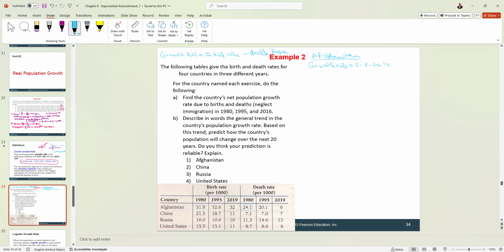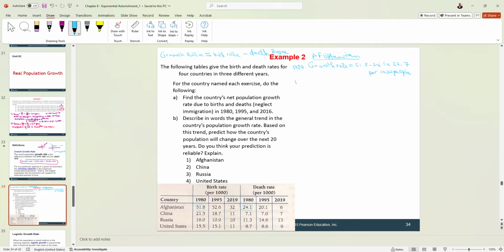We just subtract, so that would be 27.7 per 1,000 people. Right? That's what we said. Remember, we are doing Afghanistan. So that was for 1980.